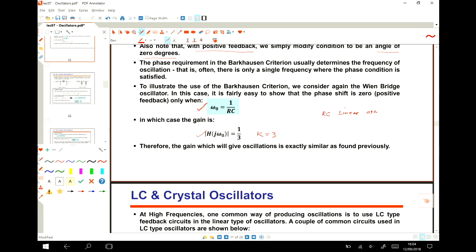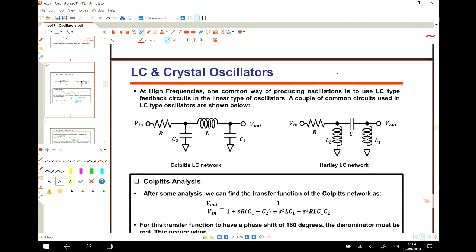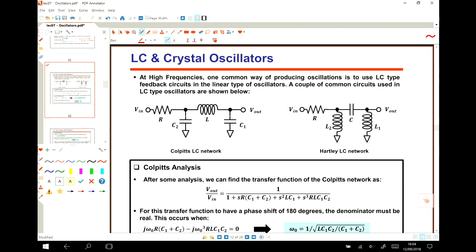Again, the RC linear oscillators are for low frequency. In high frequency, we mainly use the LC oscillators or crystal oscillators.